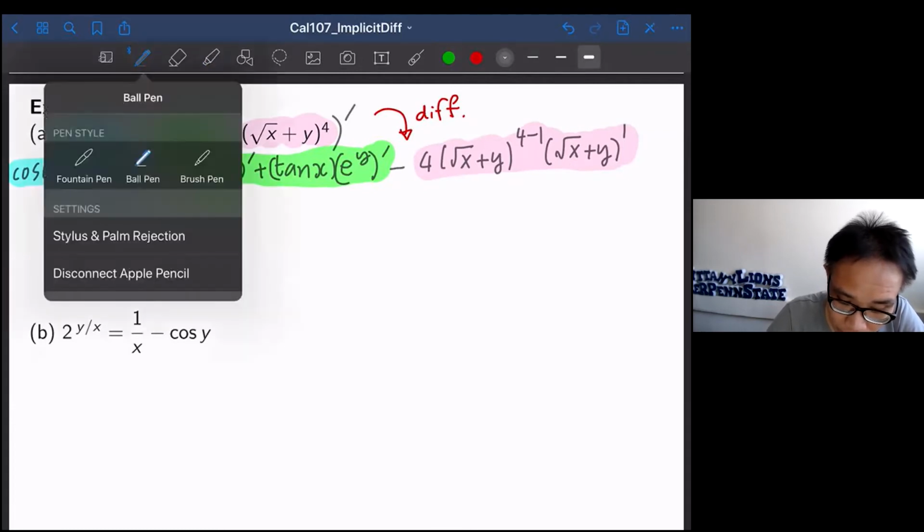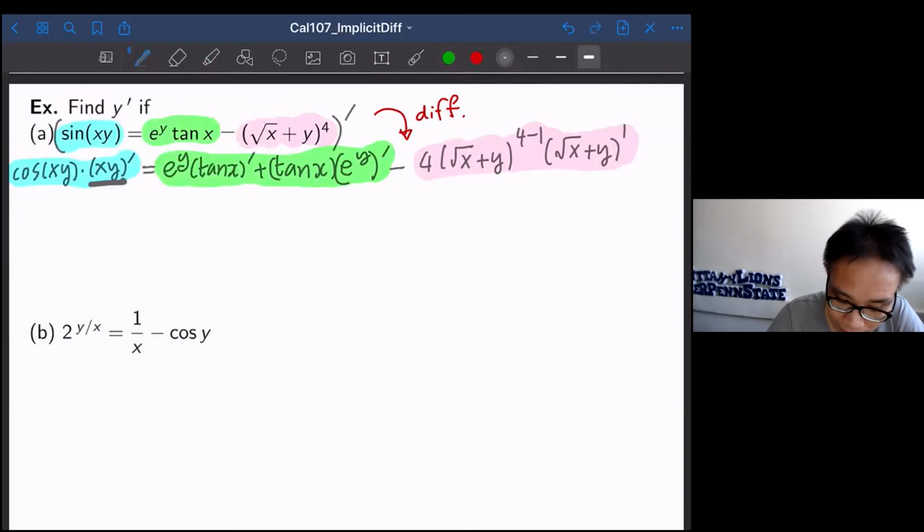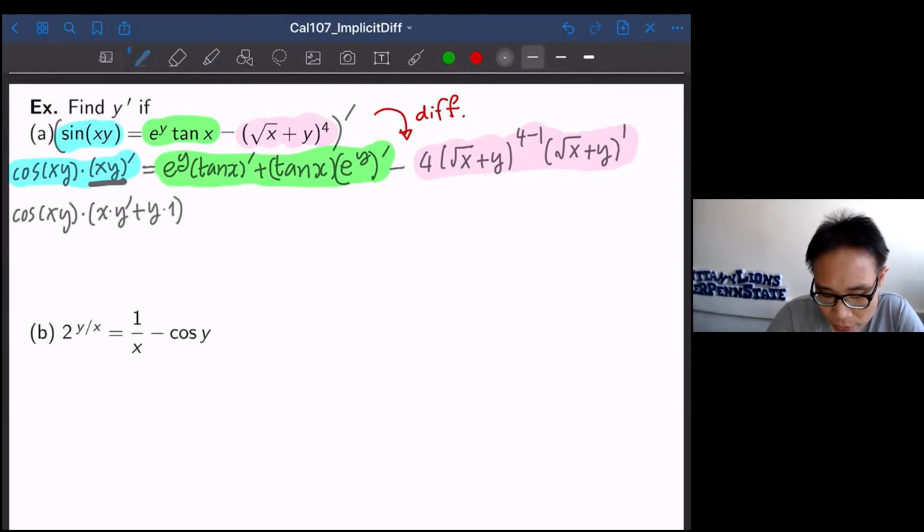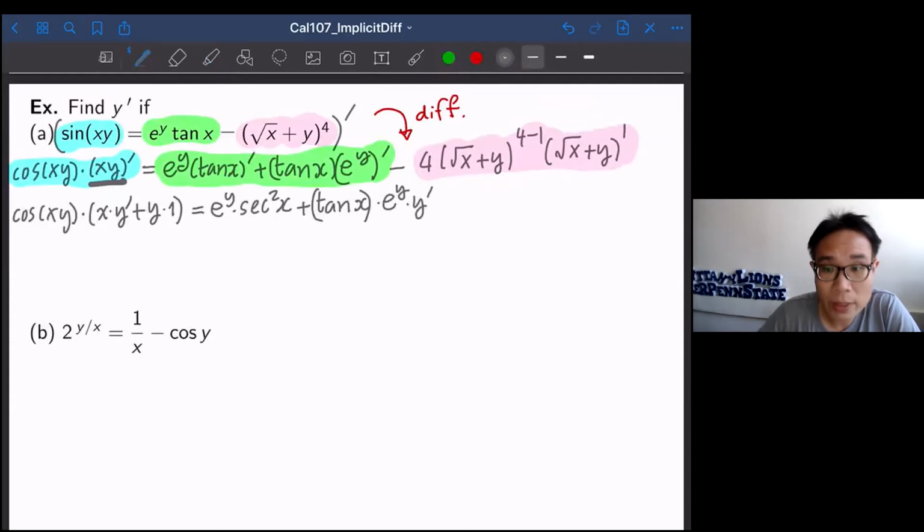So it's gonna be cos xy multiplied with the first derivative of the second plus the second derivative of the first. Okay, so this is how we have it, and you differentiate tan, you get sec square, and you differentiate e to the y, so it's going to be tan x, and differentiate e to the y, so you get e to the y prime.